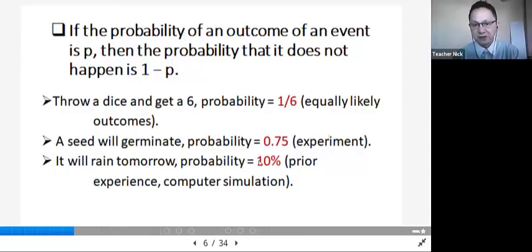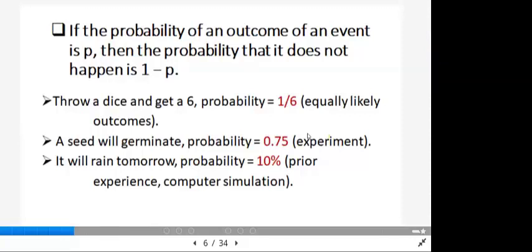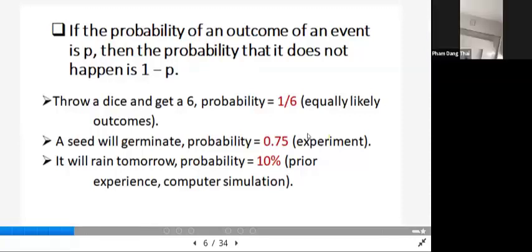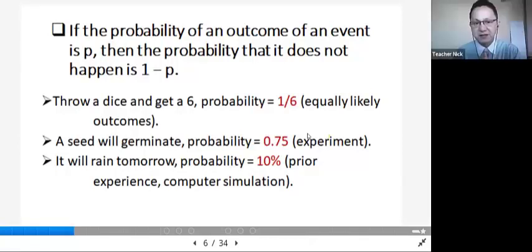If you look at the results here, the red marks, you can see probability in a range, and they are in different forms, right? What form is in the first example there?